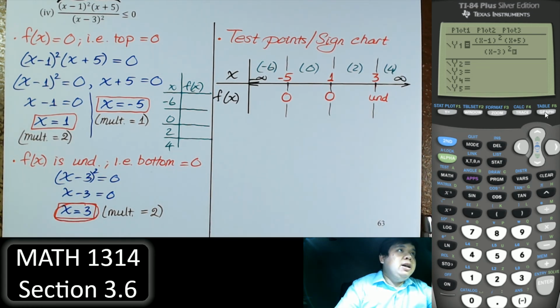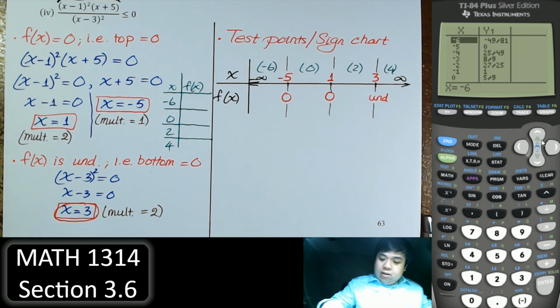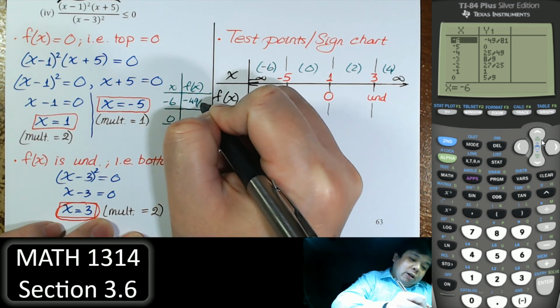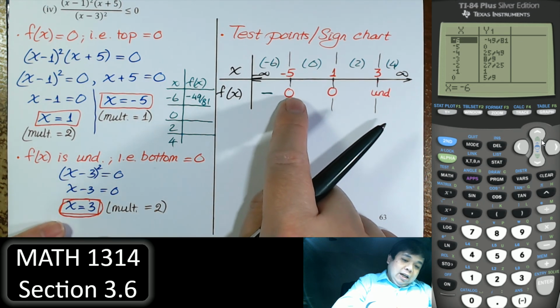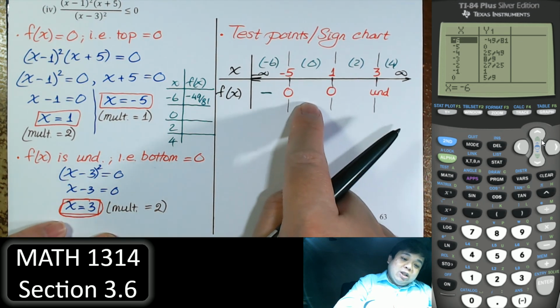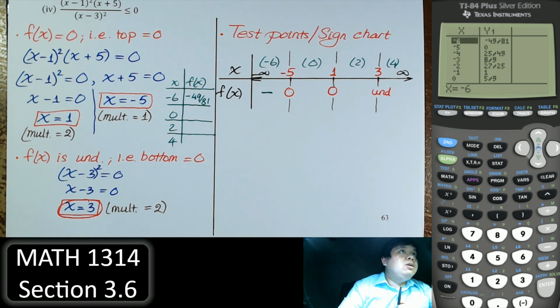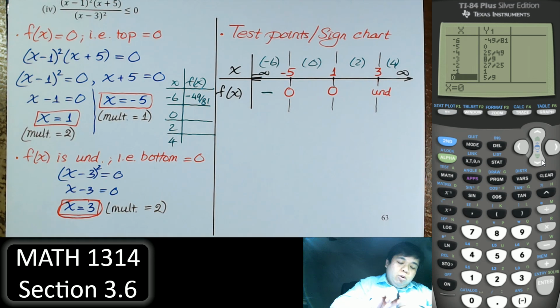Right, go to the table. Negative 6 gives negative 49 over 81. It's negative. Multiplicity of 1, so the next one should be positive. Right, at 0 it is positive 5 over 9.